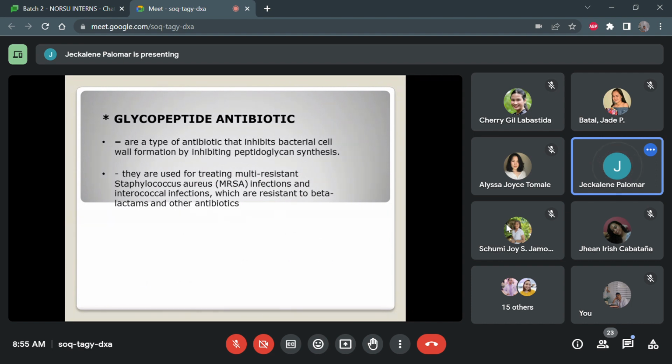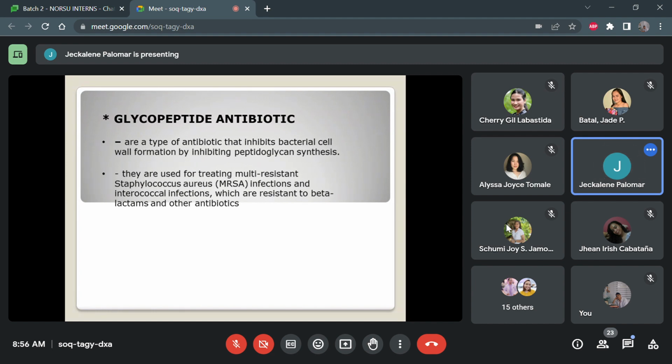And then we will proceed to another group of antibiotics, which is glycopeptide antibiotics. Is glycopeptide bactericidal or bacteriostatic? Glycopeptide belongs to bactericidal.